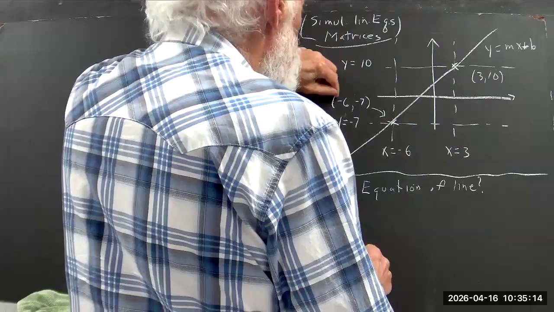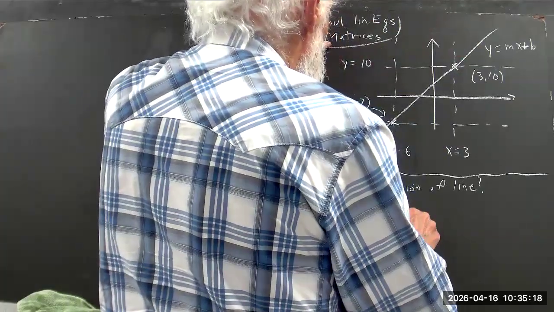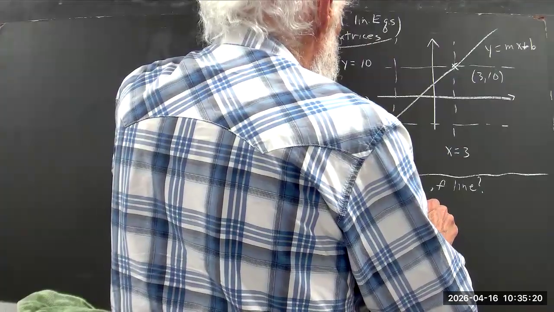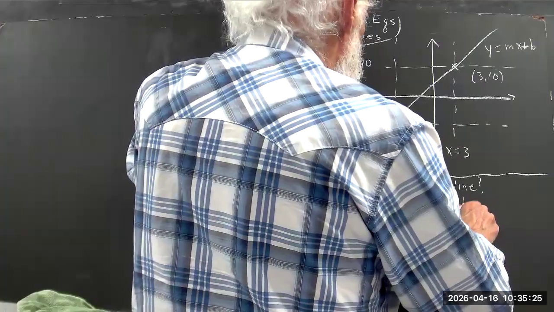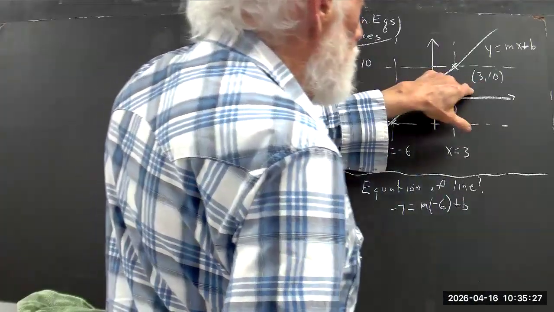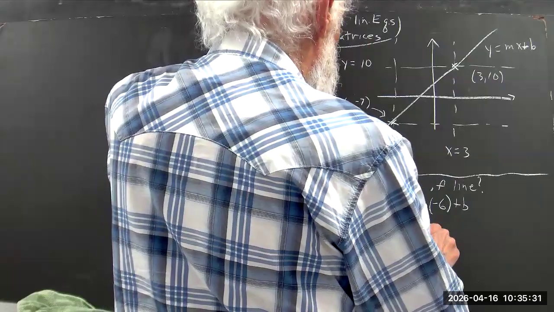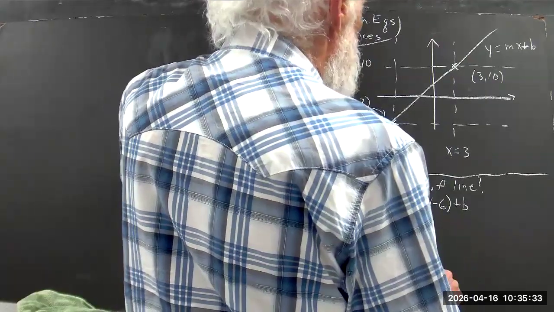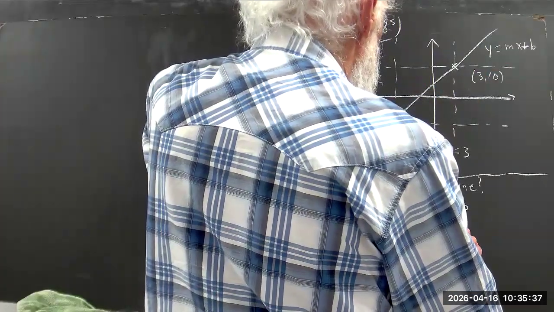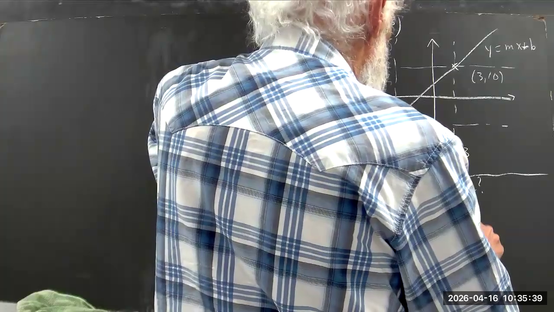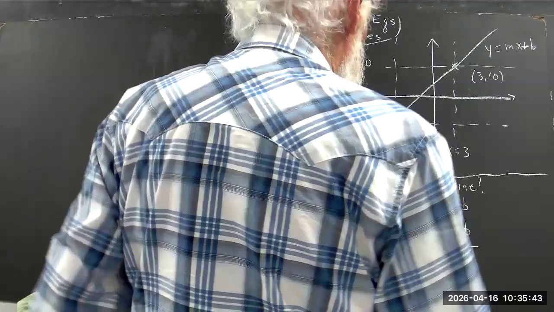If x is -6 and y is -7, the equation becomes -7 equals m times -6 plus b. If we plug 3, 10 in, we get 10 equals m times 3 plus b. Now these are 2 simultaneous equations.